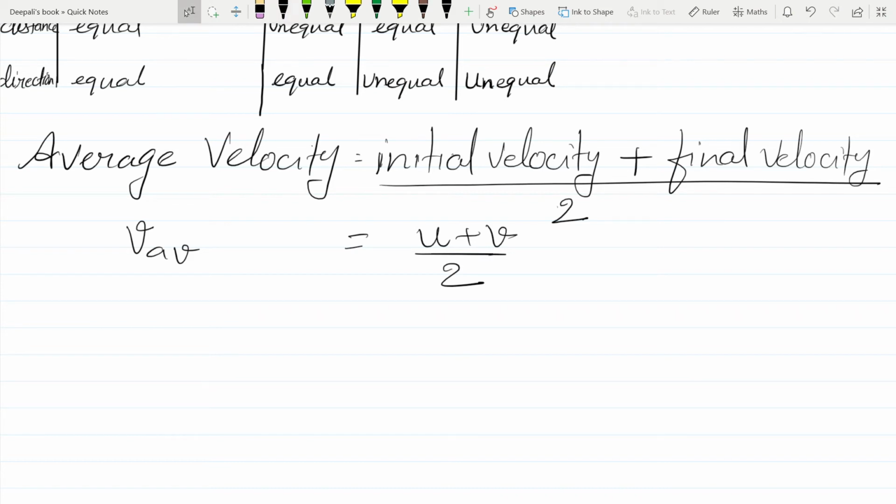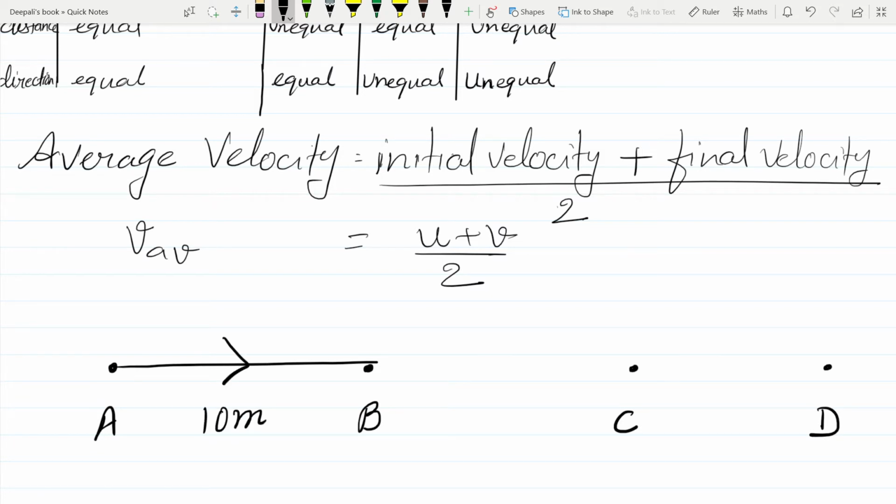Now, what is initial velocity and what is final velocity? Let us understand this with the following diagram. Take an example. There are 4 points A, B, C, and D. An object is moving from point A to point B and the distance is 10 meters.